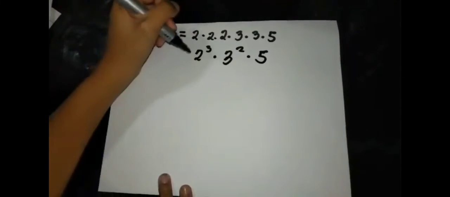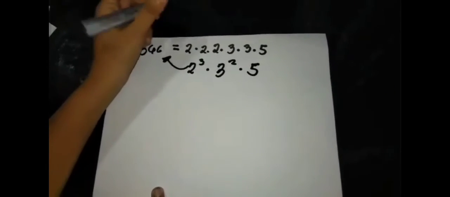So 360 has 2 into 2 into 2 into 3 into 3 into 5. So we will only count the number of 2s. Since the total number of 2s is 3, we have 2 cubed times 3 squared times 5. If we multiply 2 cubed times 3 squared times 5, we will get the same answer, which is 360.